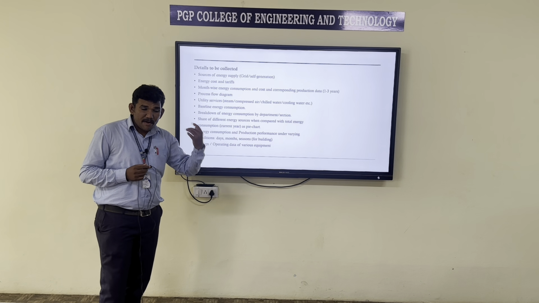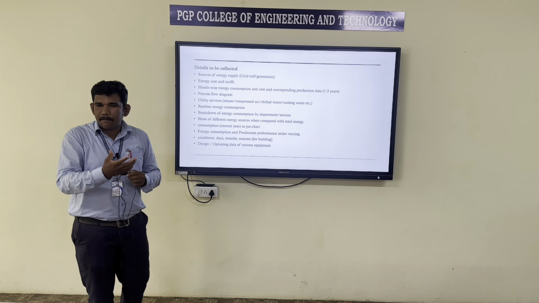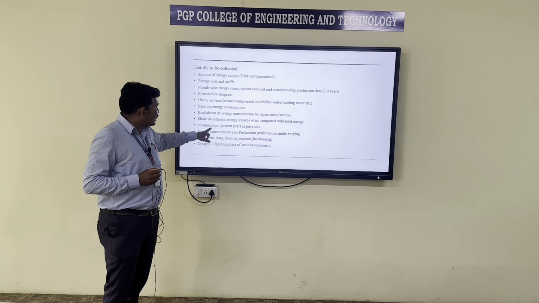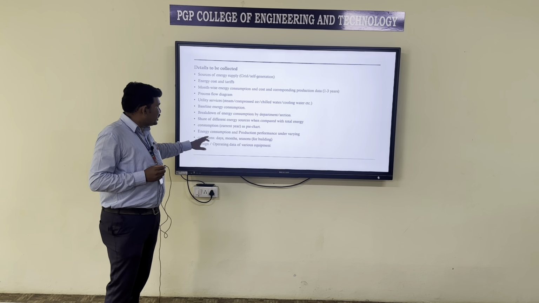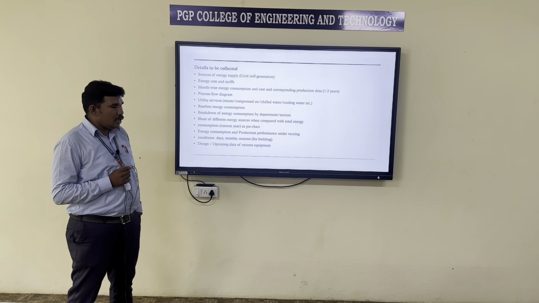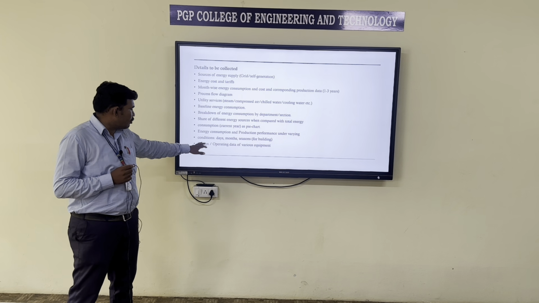If you have solar plants in the campus, you have to include the solar plant also. Next is the consumption of the current year as a pie chart. We also have to check energy consumption and production performance under variations, such as day and night and during monsoons.